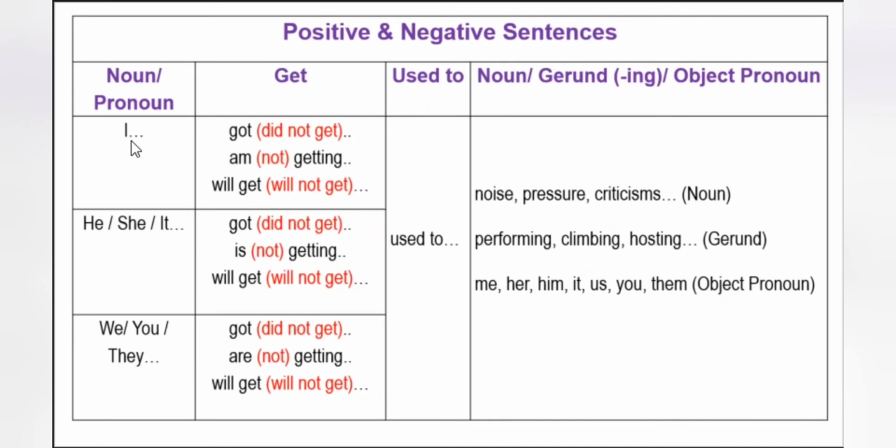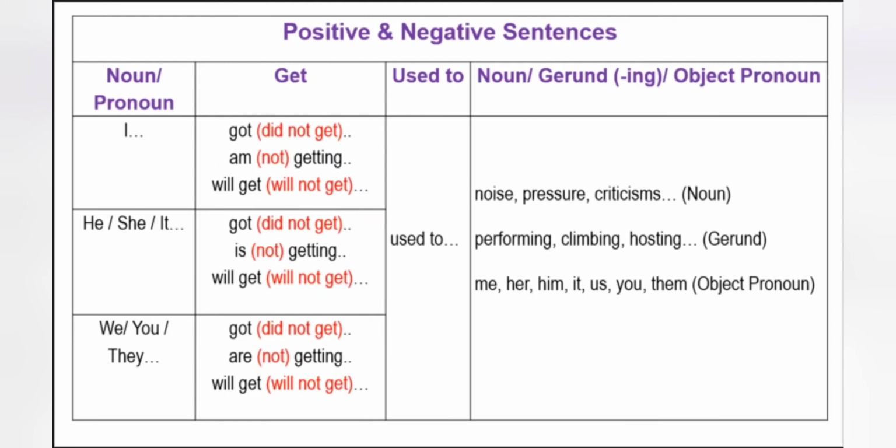So as you can see here, you may say I got used to, or I did not get used to. O dito na naman halimbawa, he got used to, he did not get used to. Dito naman, we are not getting used to. So kayo na bahala, no? Alam naman ninyo yung positive and negative.